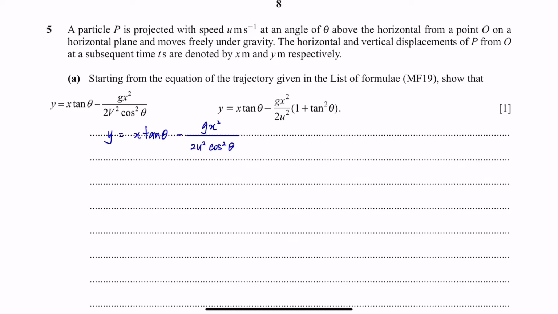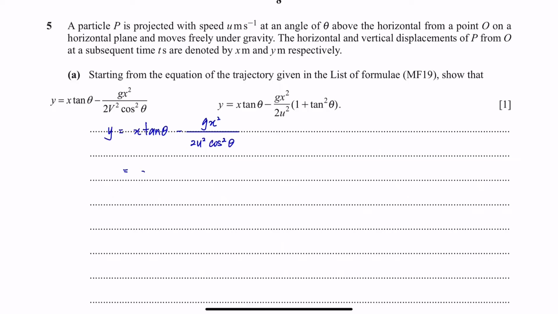Alright? So now the question wants it to be in this form, 1 plus tangent square theta. So we should first change this to secant square theta, right? 1 over cos square theta is secant square theta.